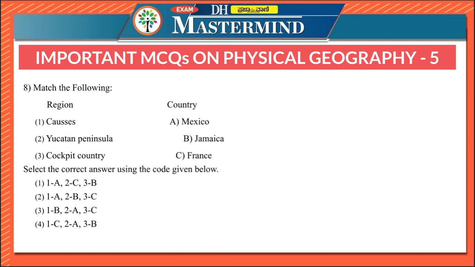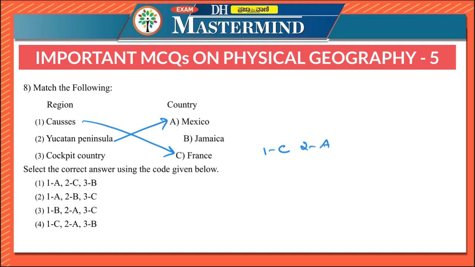Please remember. Consider the eighth question now. Match the following region with country: Causses, Yucatan Peninsula, Cockpit Country; Mexico, Jamaica, France. The Causses district is in southern France, so 1C. Yucatan Peninsula is found in Mexico, so 2A.